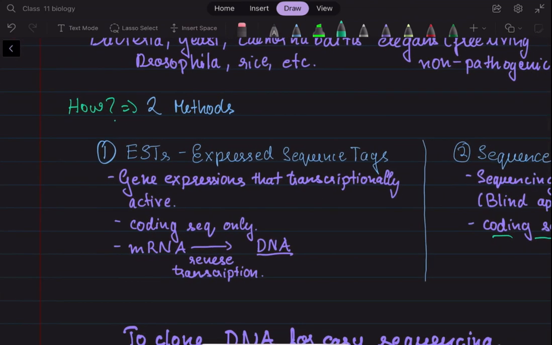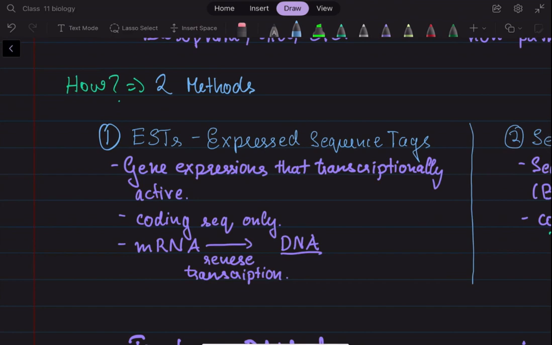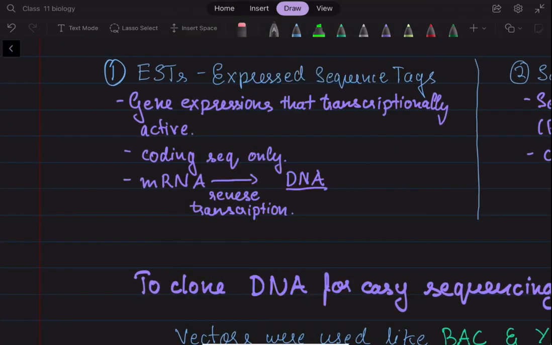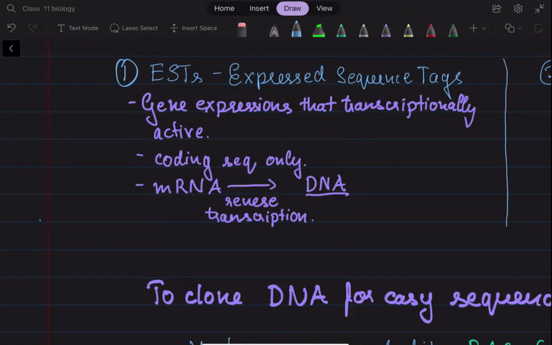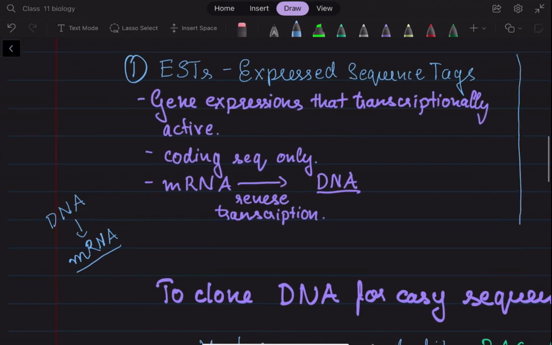But in the expressed sequence tags, only the genes which are transcriptionally active are sequenced. That means only the coding sequences are determined. So how is this done? First of all, the DNA is transcribed. We know only the transcriptionally active part codes for the mRNA, right?